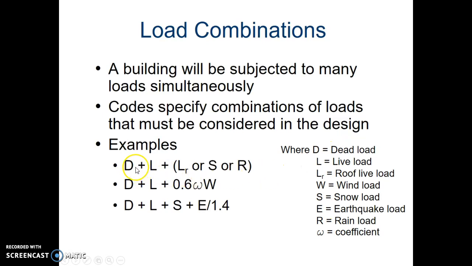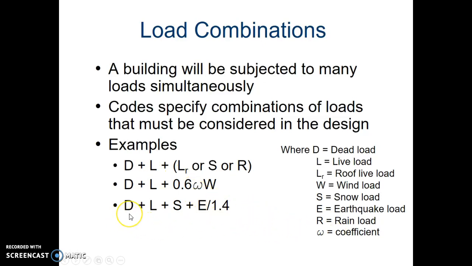D, which is dead load, plus L, which is live load, plus L sub R, which is a roof live load, or S for snow, or R for rain. And then you can have any of these other two. This emblem right here means the word coefficient. So that 0.6 is a coefficient. That's what that is right there.